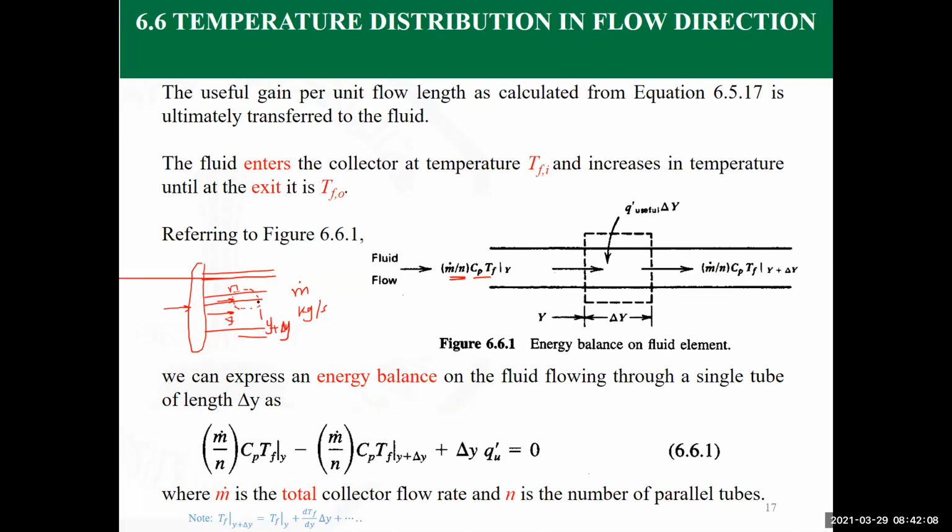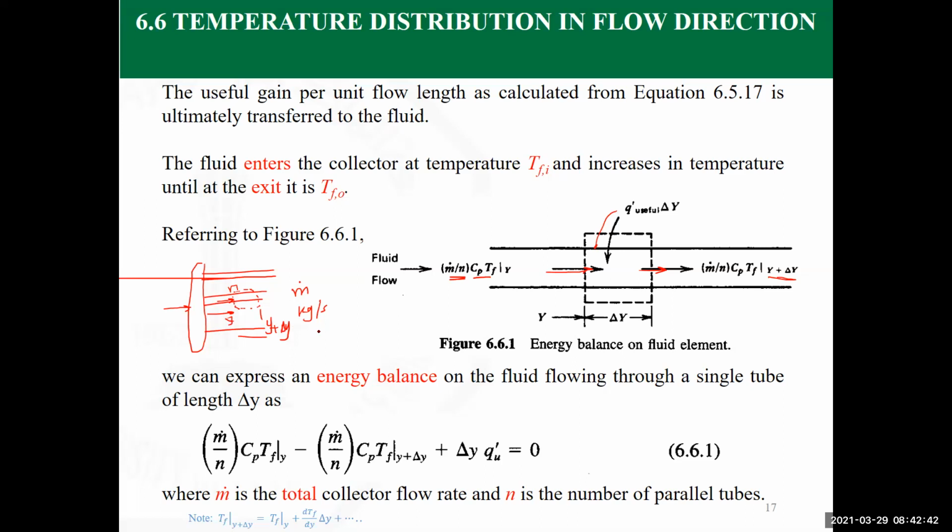When we look at this as our control volume, there is enthalpy associated with the fluid entering, there's enthalpy associated with the fluid leaving, which is m dot over n Cp Tf at the location y plus dy. And definitely the useful energy is coming, as we studied in the previous class. It is conducted from the absorbing plate into the fluid here, which is basically the Q useful.